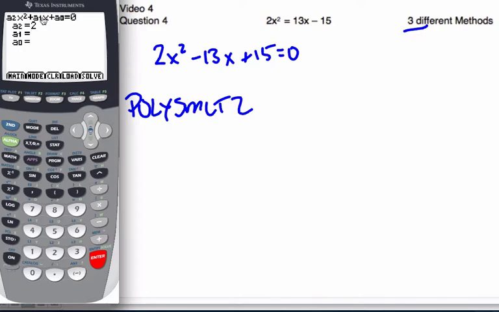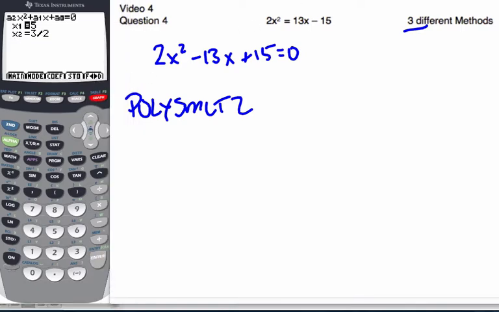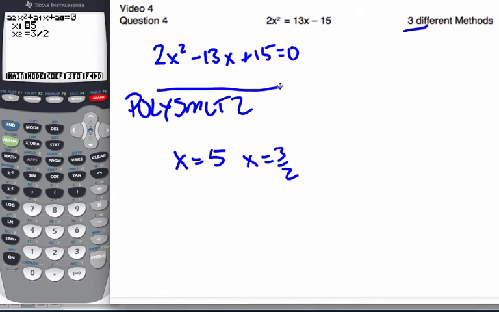The number in front of x, which is a1, is negative 13, using the proper negative sign. And the last value, a0, is 15. Hit enter, and then I just go to solve. And from here, I know quite clearly that x is equal to 5, and x is equal to 3/2. It is as easy as that, and that is method 1.